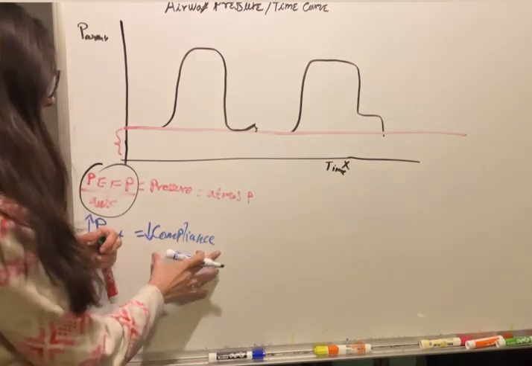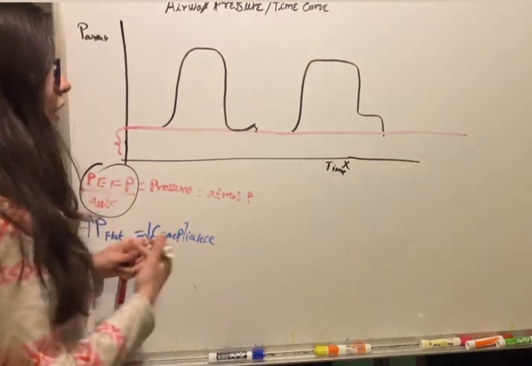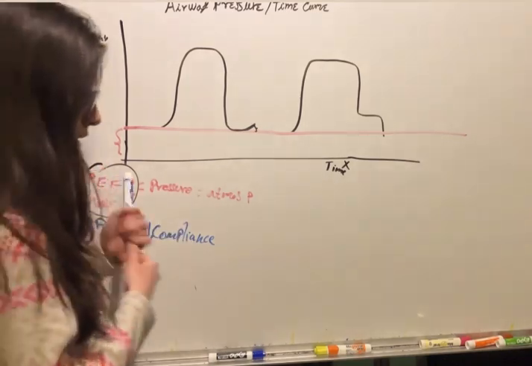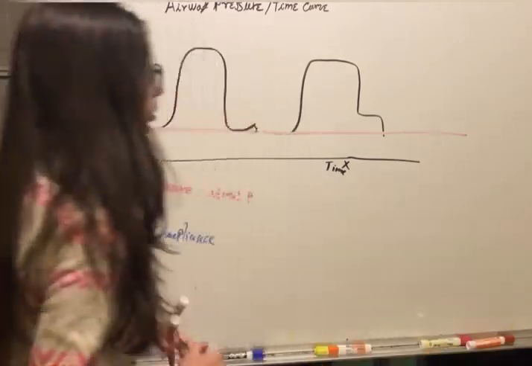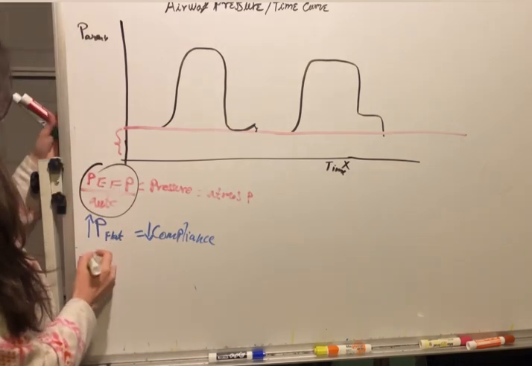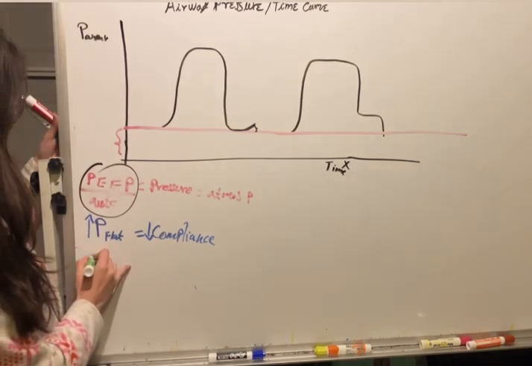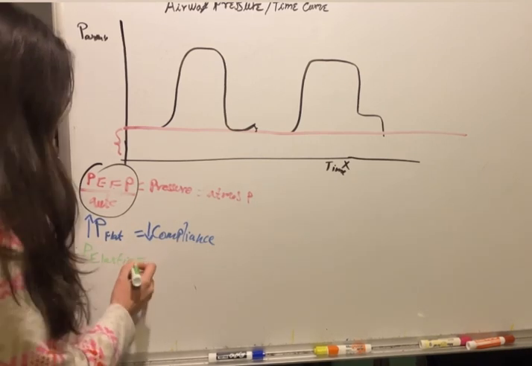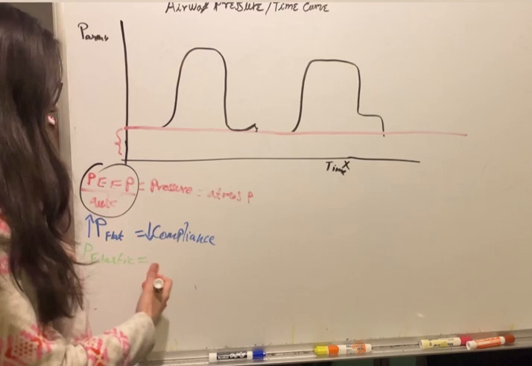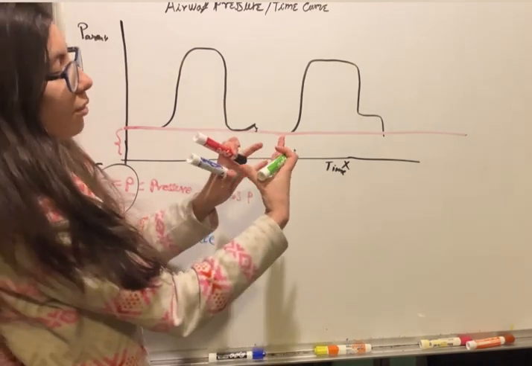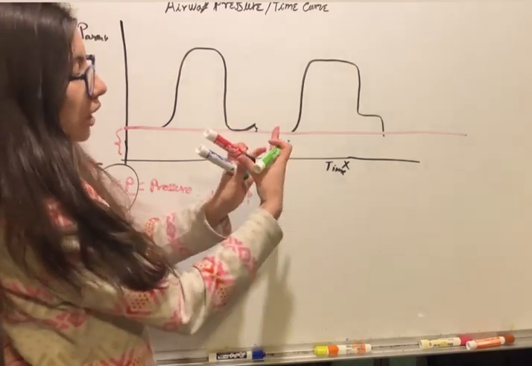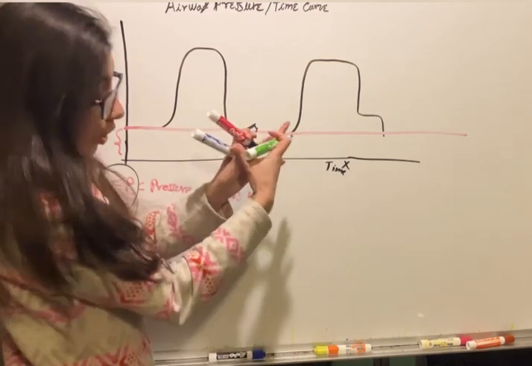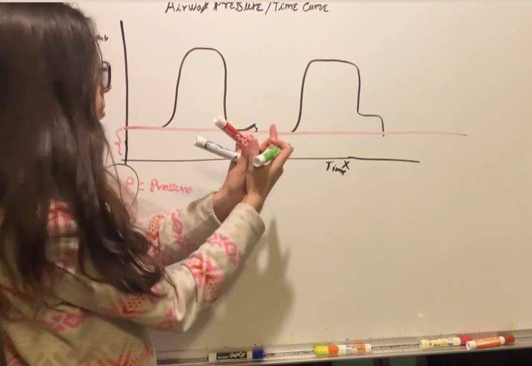Another way to visualize this is with the opposite of compliance, which is the elastic pressure. The elastic pressure is the opposite. If we are trying to expand the lung, the alveoli, the lung has a tendency to recoil, to collapse.